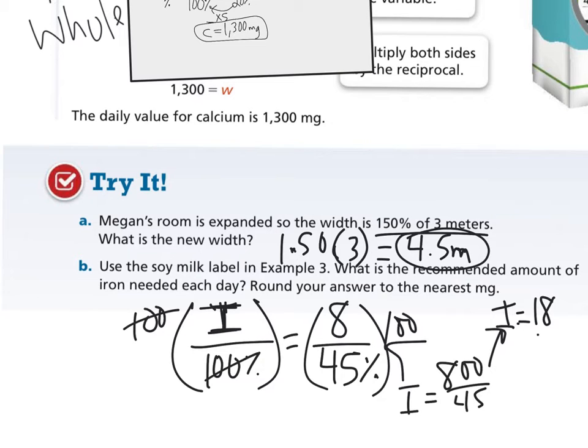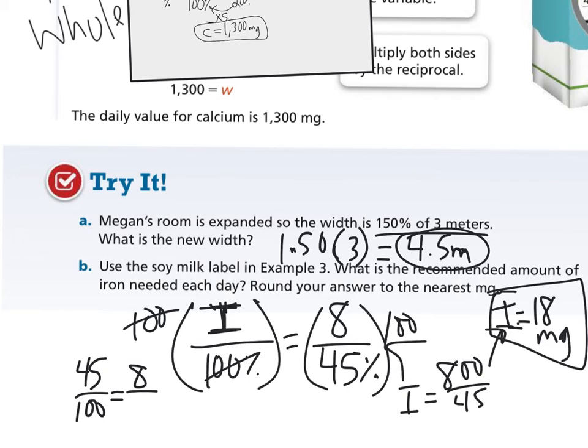So again, with a calculator, maybe you could find a pattern there, but we don't always get to use a calculator, so make sure we know how to work it out by hand also. Another way you could have done that would have been 45 over 100, the part over whole that we talked about. 8 would be the part, and then our I or whatever variable would go in the denominator. Okay? Either way you work that out would be fine.